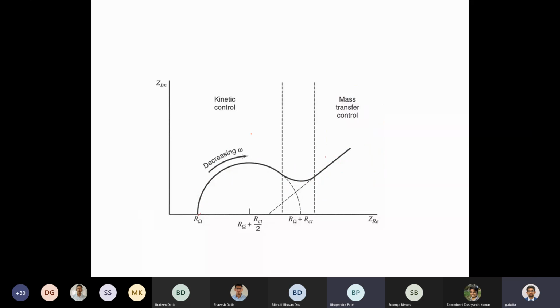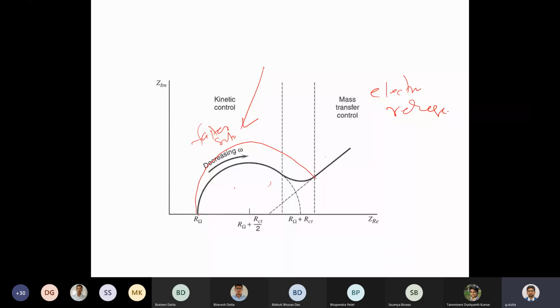So for the mass transfer part, more electrons will be released in the solution. So this is actually electron release. And why is this called the kinetic region? Because it is controlling your mass kinetics, whether it is faster or slower. If it is too big, electron transfer is slow.